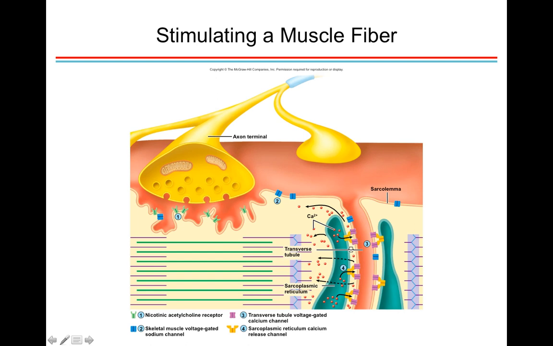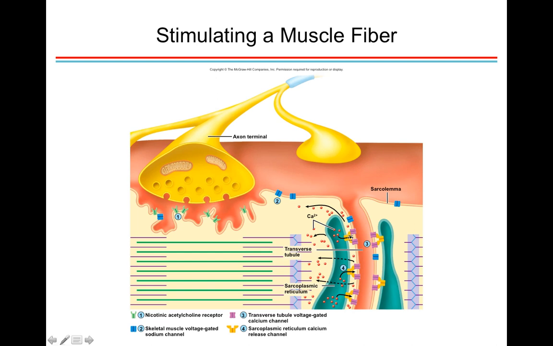And what's really unique in skeletal muscle cells specifically is that these calcium channels in the sarcolemma are physically attached to calcium channels in the sarcoplasmic reticulum. Sarcoplasmic reticulum is the smooth endoplasmic reticulum inside of skeletal muscle cells.